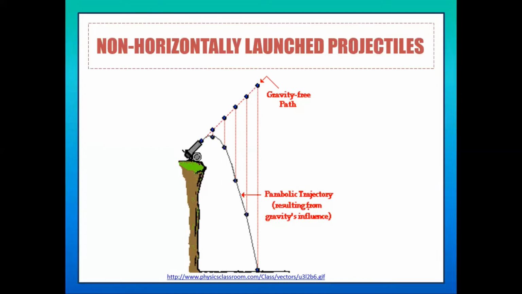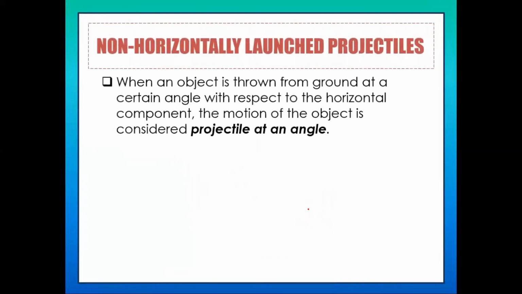Putting it all together, non-horizontally launched projectiles are objects that are thrown from the ground at a certain angle. Concerning the horizontal component, the motion of the object is considered projectile at an angle. That's the reason why we call it projectile at an angle, or non-horizontally launched projectiles.